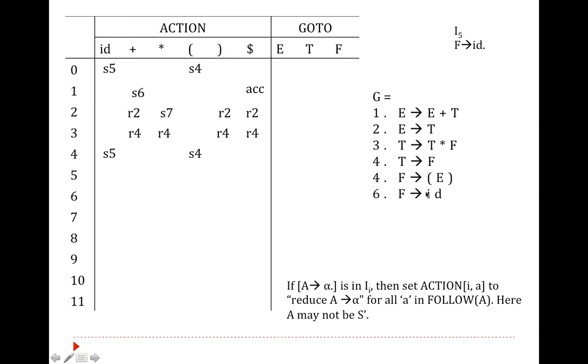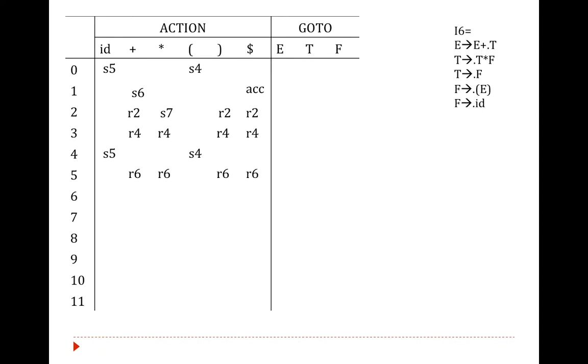Now follow of F. Because F is at the end, follow of F is equal to follow of T, which is star, plus, closing and dollar. So for all these columns, it will be set to reduce 6 for row number 5. Row number 5 and these 4 columns will get R6.